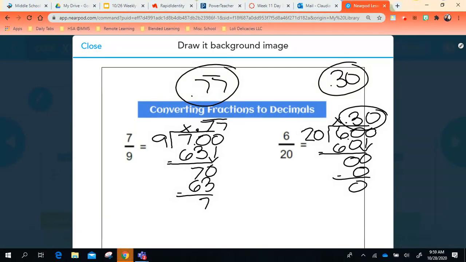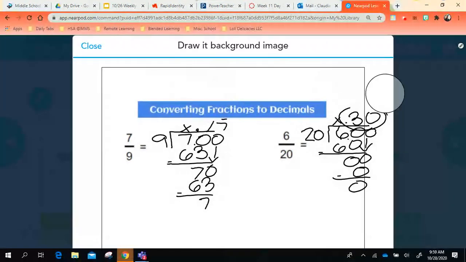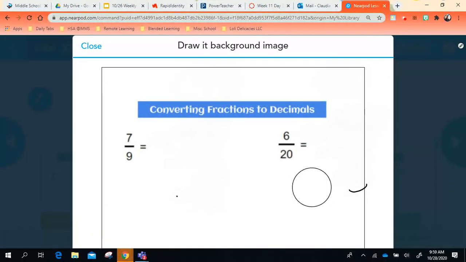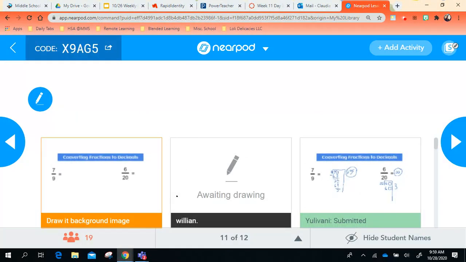Are we good? Did we write this down? Did we finish? Before I click to the next thing, you're good. That's literally the last slide before our classwork.